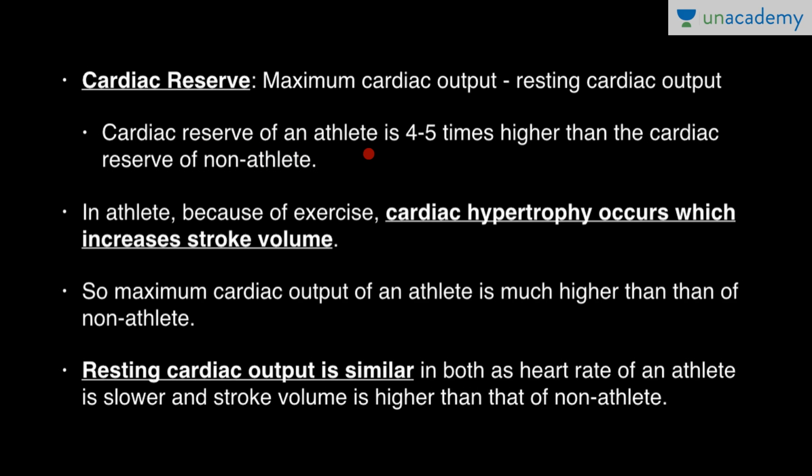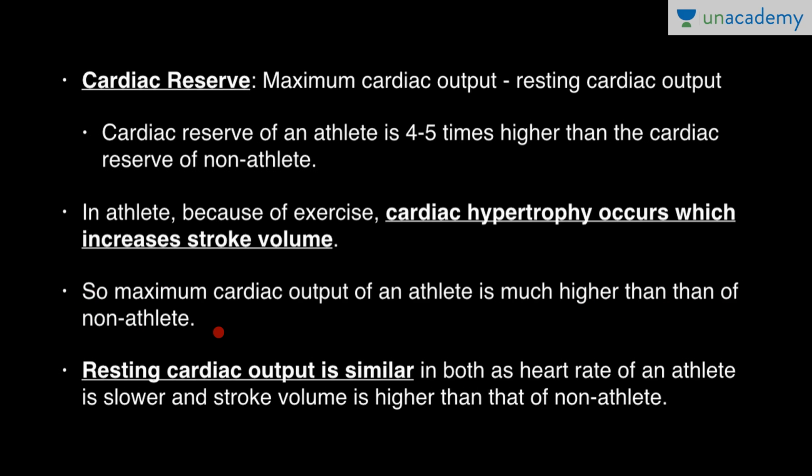In an athlete, because of exercise, cardiac hypertrophy occurs, which increases stroke volume, that is the blood pumped by each ventricle per cardiac cycle. So the maximum cardiac output of an athlete is much higher than that of a non-athlete.